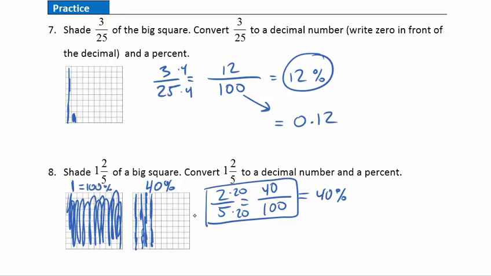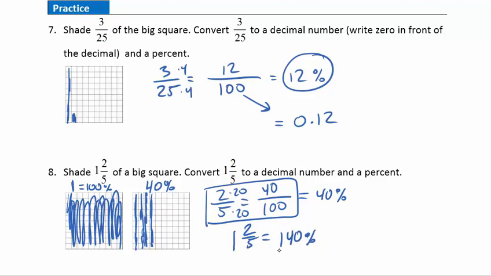So to do this quickly, I'm showing you all these calculations just to show you what I'm thinking in my mind, but in my mind I can do this very quickly because I can think this way. So hopefully you'll be able to catch on to the way I'm thinking here. You know, one whole thing is equal to 100%. We know that 2/5 was equal to 40%. So 1 and 2/5 is just equal to 140%.